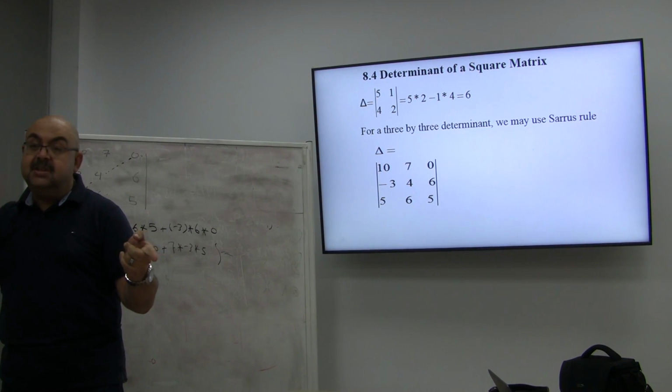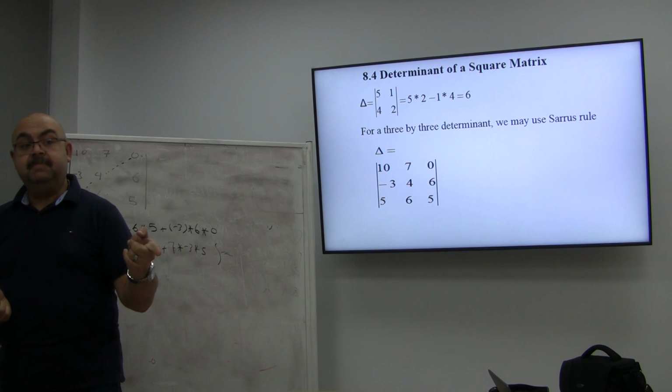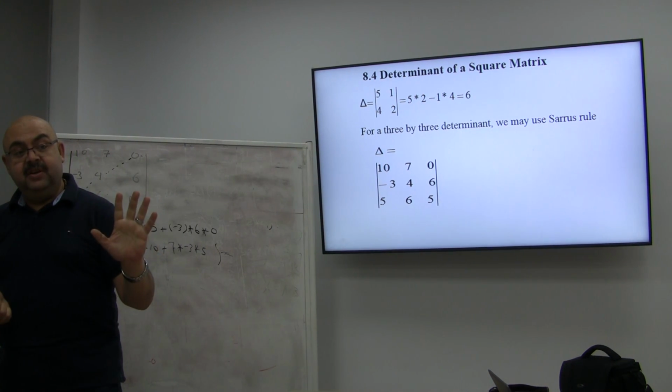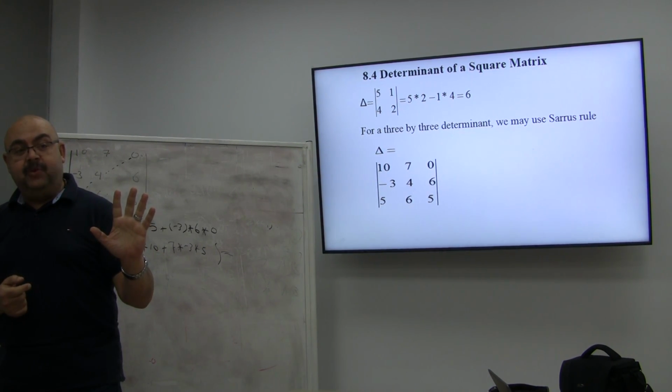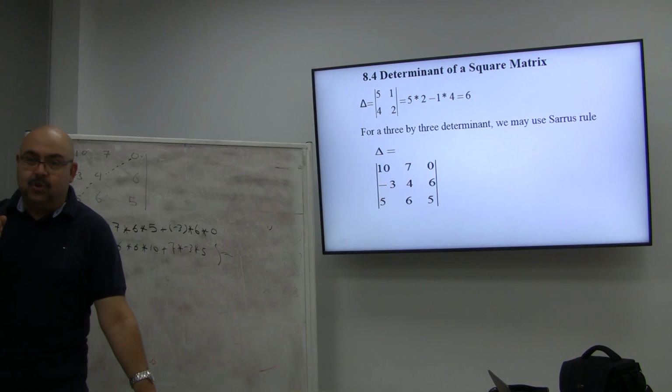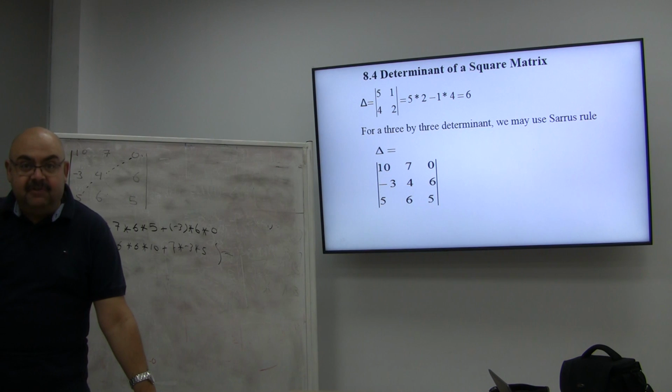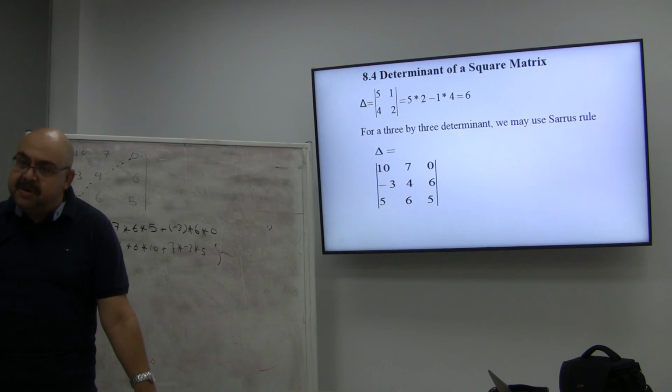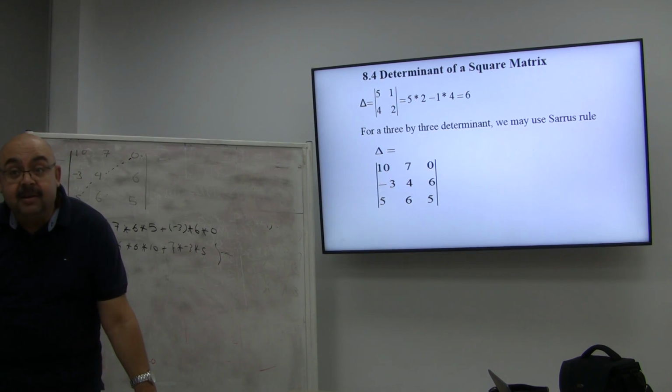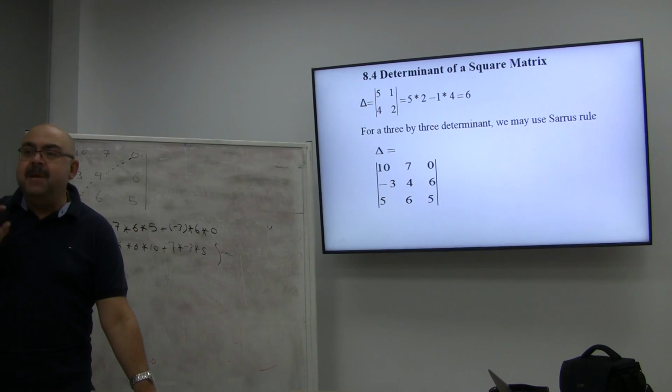It's going to be 5 4 by 4, and each 4 by 4 is 4 3 by 3. So in order to evaluate just one 5 by 5 determinant, you will end up having 20 3 by 3. This is the major issue with determinants.